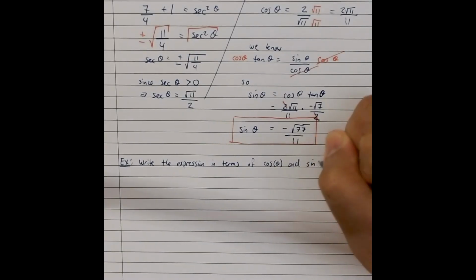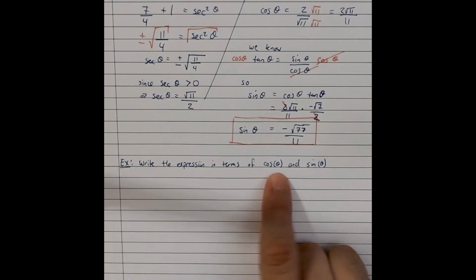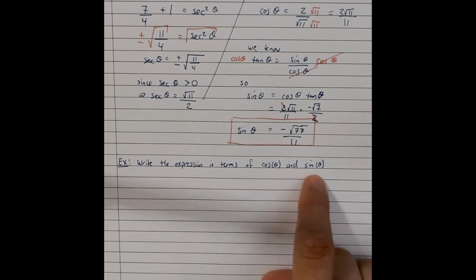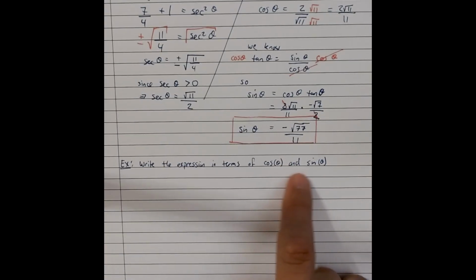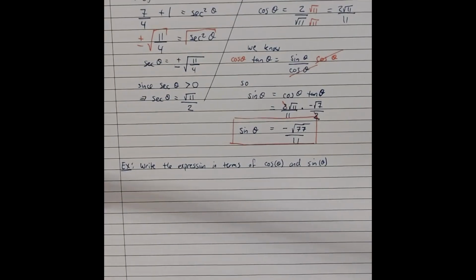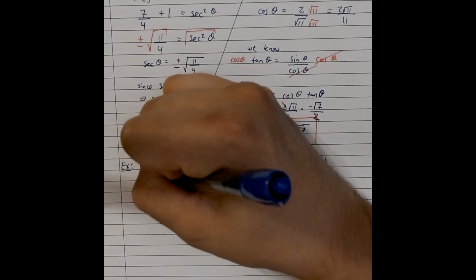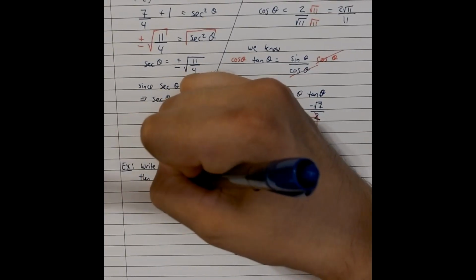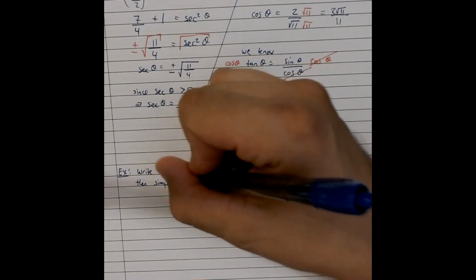Now, when they say and, it doesn't actually have to be both. If everything's written in terms of cosine of theta, that's fine. If everything's written in terms of sine of theta, that's fine. Or if it's both, that's fine too. So this is sort of an and or. Cosine of theta and or sine of theta. Then simplify, so that there are no quotients.